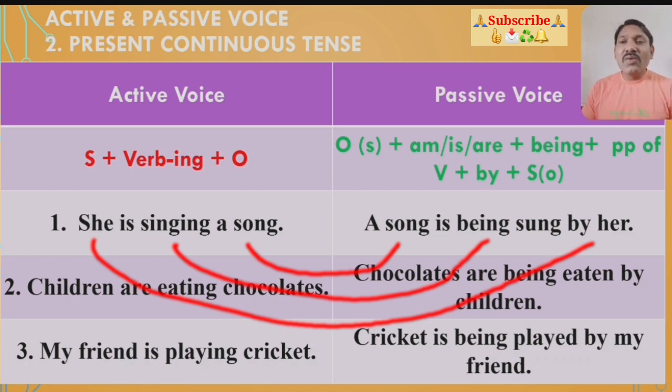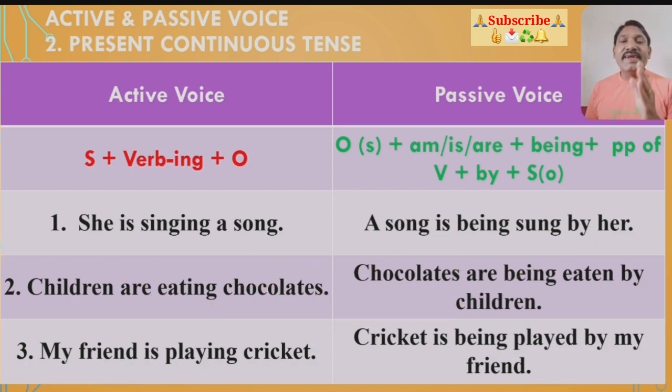Okay student, now the second one: children are eating chocolates. Now see, in passive voice: chocolates are being eaten by children. Chocolates is a plural noun, so we have taken the auxiliary verb are here. Now the third one: my friend is playing cricket.